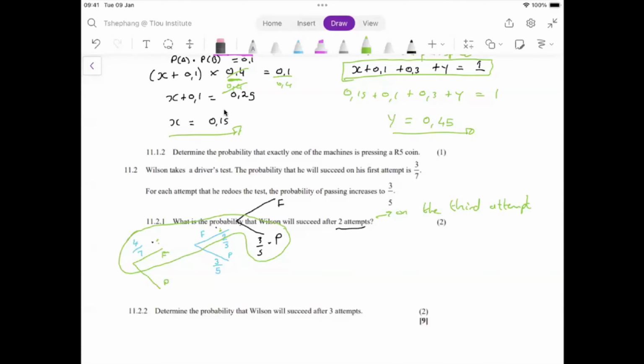And then what do we do? We follow the branch. Is it clear for everyone there? That's how I go about it. That's a tree diagram. Failure, failure, and then followed by that pass.